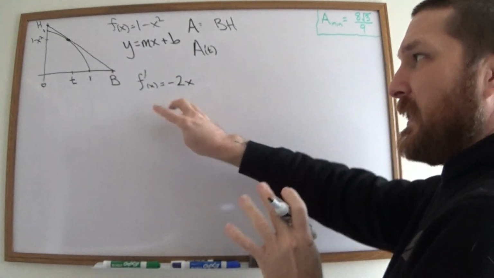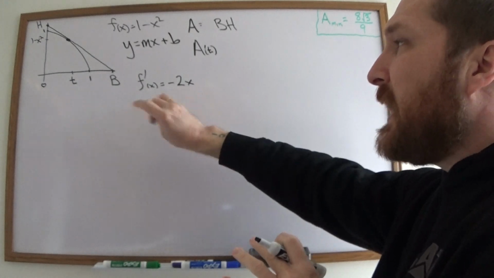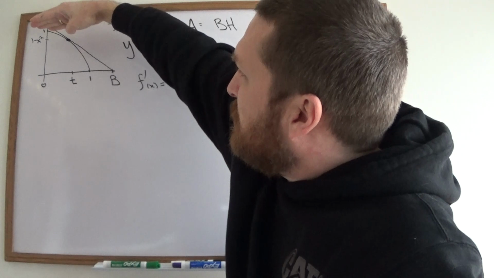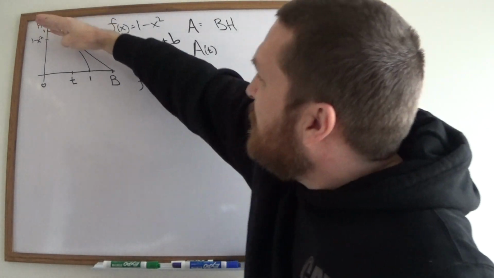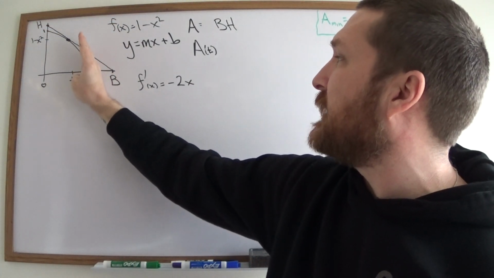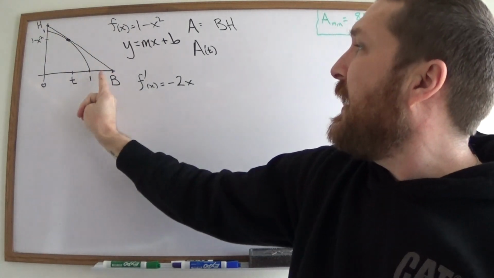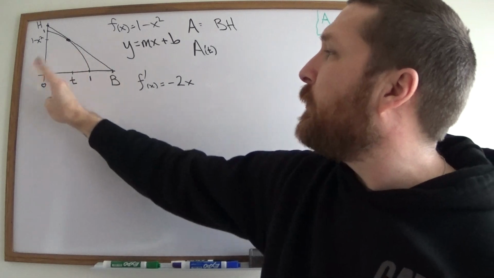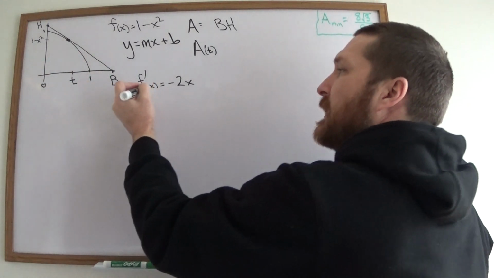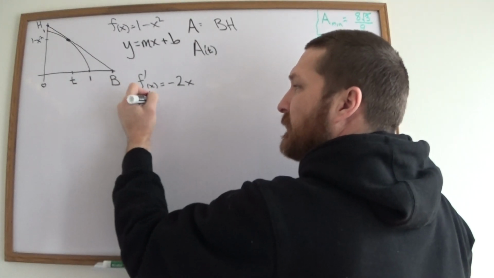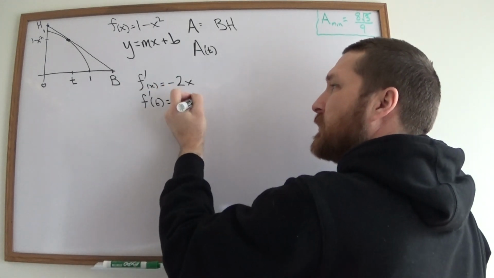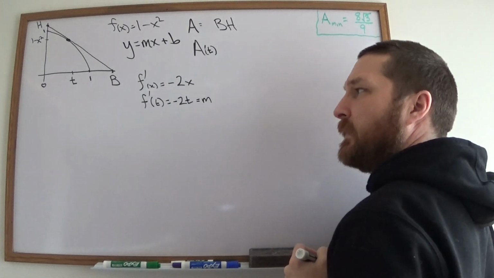But now, it's not x that I care about, right? And you can see it changes. When t is 0, well, the slope should be 0. When t is 1, the slope would be negative 2. But now we're going to say, well, what happens at t? What is its slope at t? And so that's going to be f prime of t is negative 2t. So that's my slope right there.